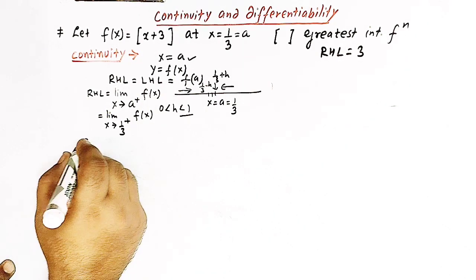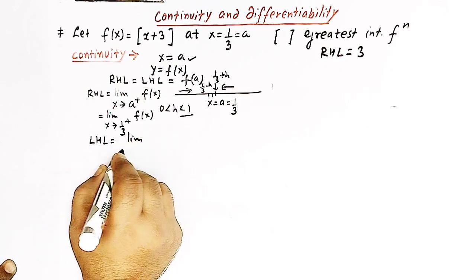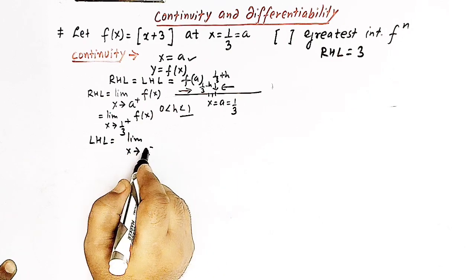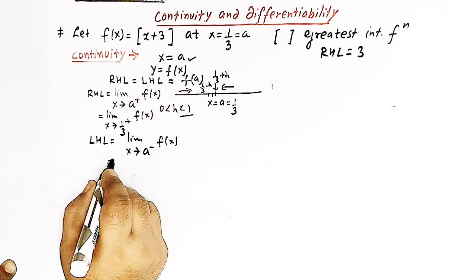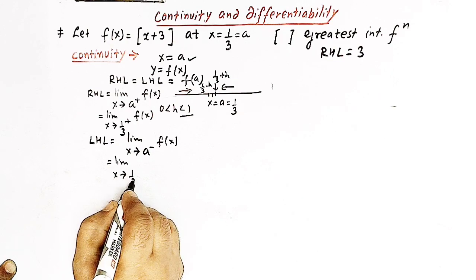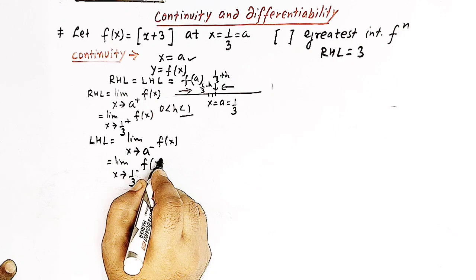So now the notation for the left hand limit is given by limit x tends to a negative, where we put a negative sign, and here we have f of x. So this is limit x tends to 1 over 3 negative of f of x, right?